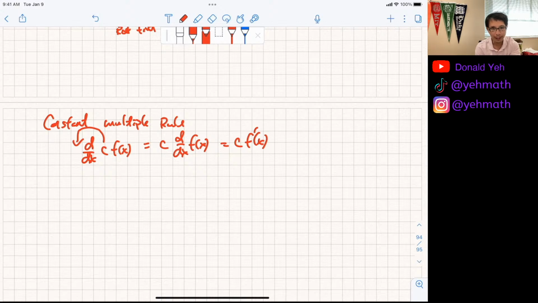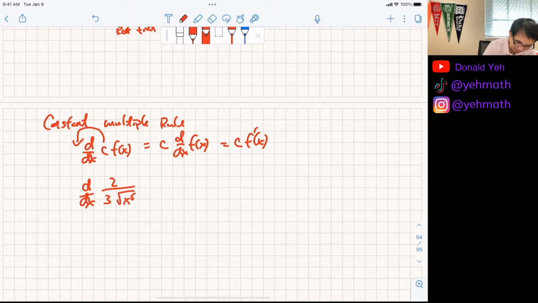But you also have to pay attention to the parentheses. If I take d/dx here, let's just say I have 2 over 3 x to the 5th like this. Can I just take 2 over 3 outside?